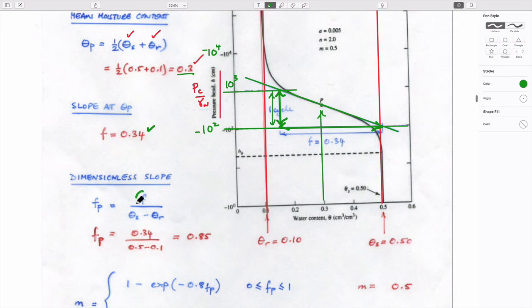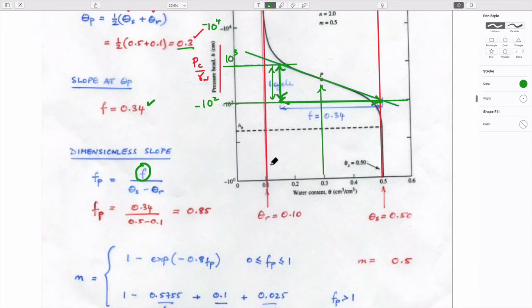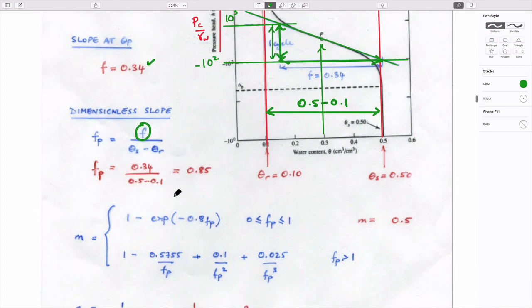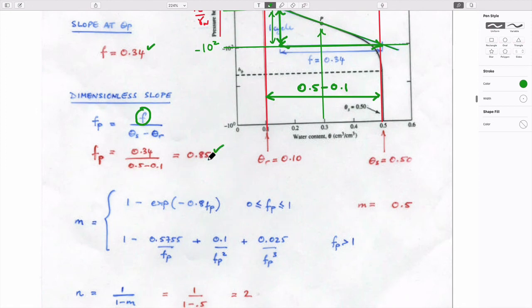You take that slope, which is 0.34, and you divide it by this length between these two moisture contents, which is 0.5 minus 0.1, which is 0.4, which gives you 0.85. And then you look for where that value is. If the value is between 0 and 1, then you use this expression to substitute this into here and get a value of m.